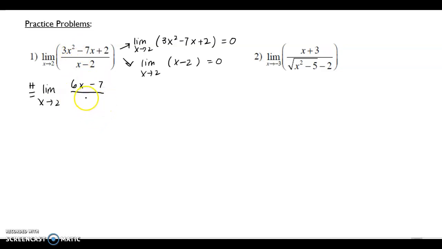The derivative of the denominator is 1. And then I'm just going to evaluate at 2 again. So 6 times 2 minus 7 is going to give me 5. I could have factored and canceled if I want, but you can see here L'Hopital's rule doesn't take much time. You just have to be careful to actually check this part out that you can use L'Hopital's rule.